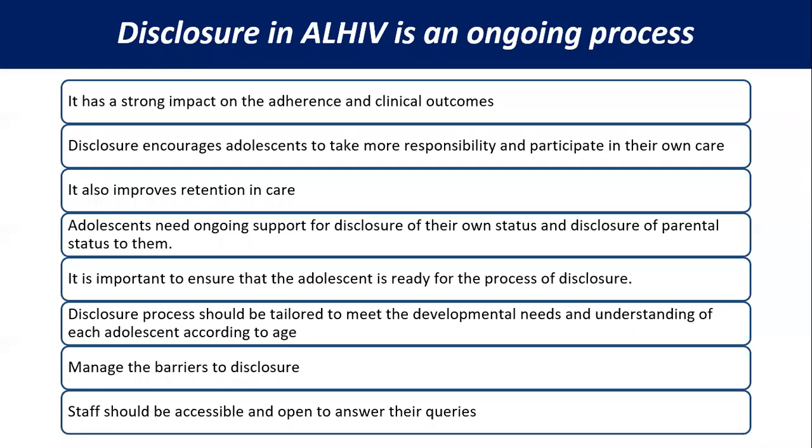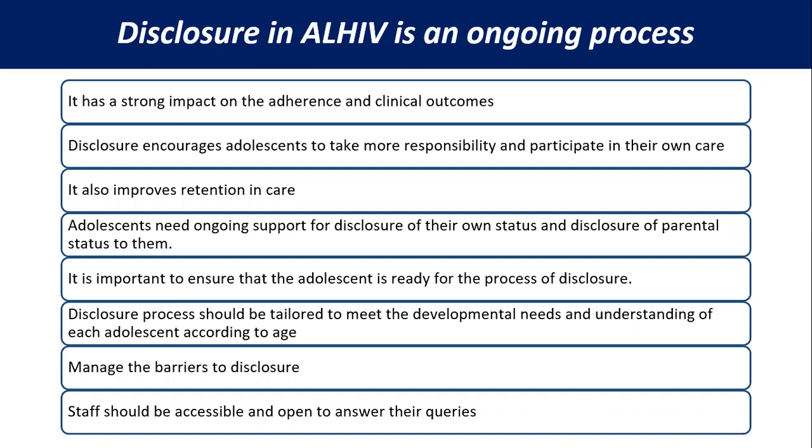It is important to ensure that the adolescent is ready for the process of disclosure, because it's an age where they say that whatever has been told to me, I understand in a better way, and I can also access various things about the disease. So you have to always tell them that whatever knowledge you get from other sources will be partial, and what we are providing is scientific knowledge.